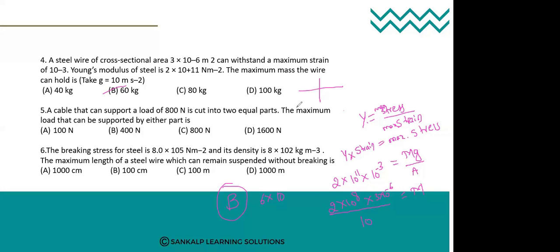Okay, the maximum load that can be supported by either part. So when this is cut into equal parts, on this side and that side, how much maximum load can it support? They are asking how much half of the part supports. So again it is nothing but force calculation only. So here also you have to do force calculation.